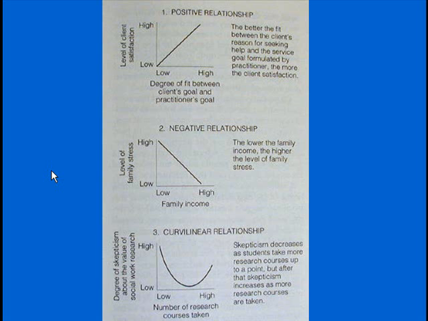If you did an R statistic, it would be around 0. There would be no linear relationship. It would be a curvilinear relationship, in that skepticism decreases as students take more research courses up to a point, but after that skepticism increases as more research courses are taken.